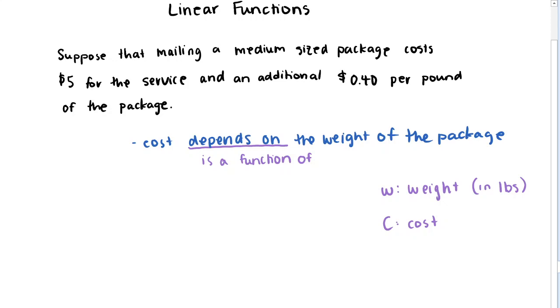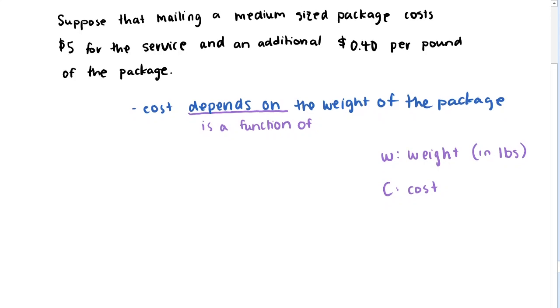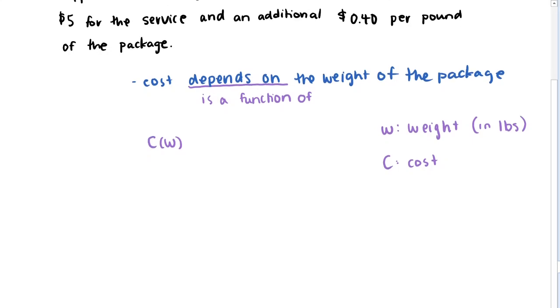And I think we probably get the best sense of how this function works just by getting a look at a few different points on this function. So here, maybe we can describe this function as c of w, right, is the cost of shipping this package with a weight of w. Right, so here, that's going to be our output for our function.